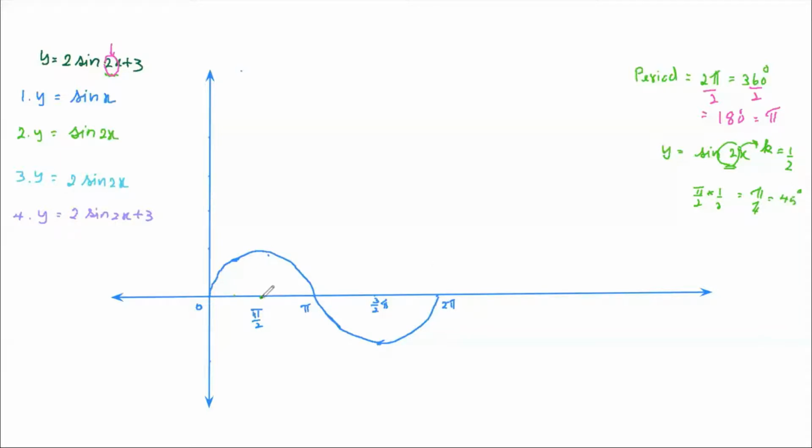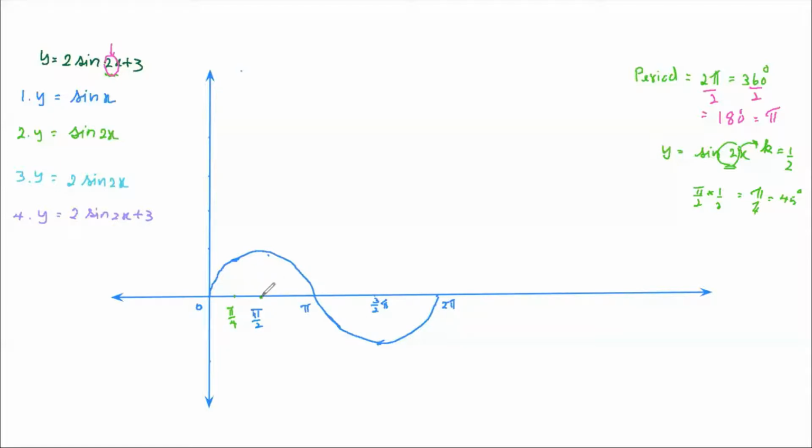So our original point x, pi over 2, will move to the new point, which is pi over 4 or 45 degrees. But the y did not move, so they have the same value of y.